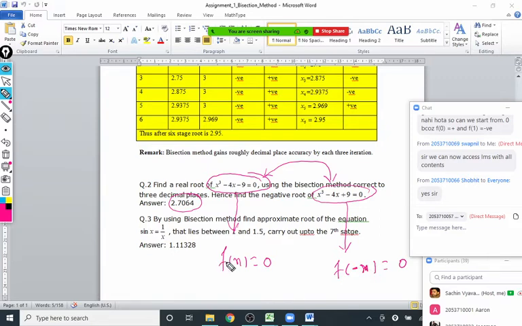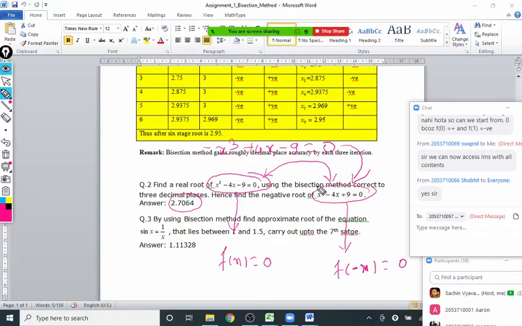For example, you replace x by minus x here, and you will get minus x cube, minus 4 into minus x, that is plus 4x, and minus 9 equal to 0. If you take minus 1 common, you get this equation. So this equation is f of minus x equal to 0.